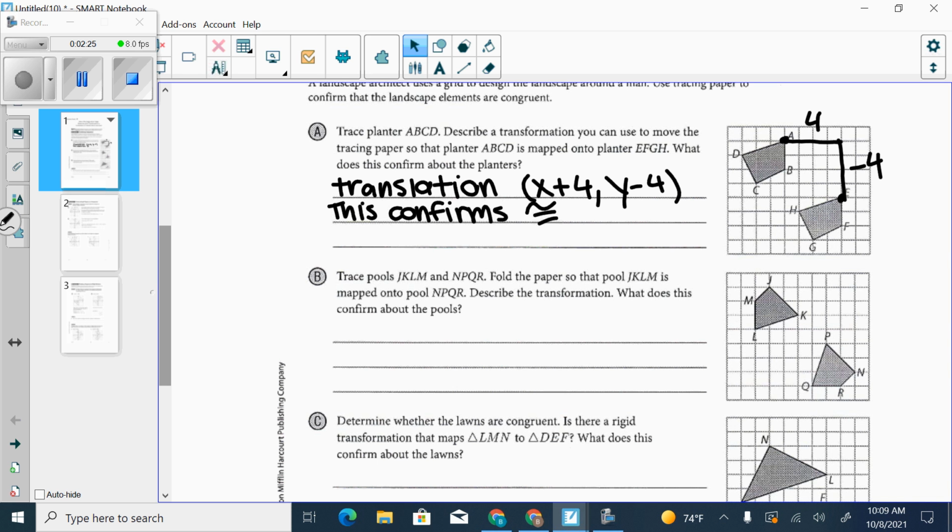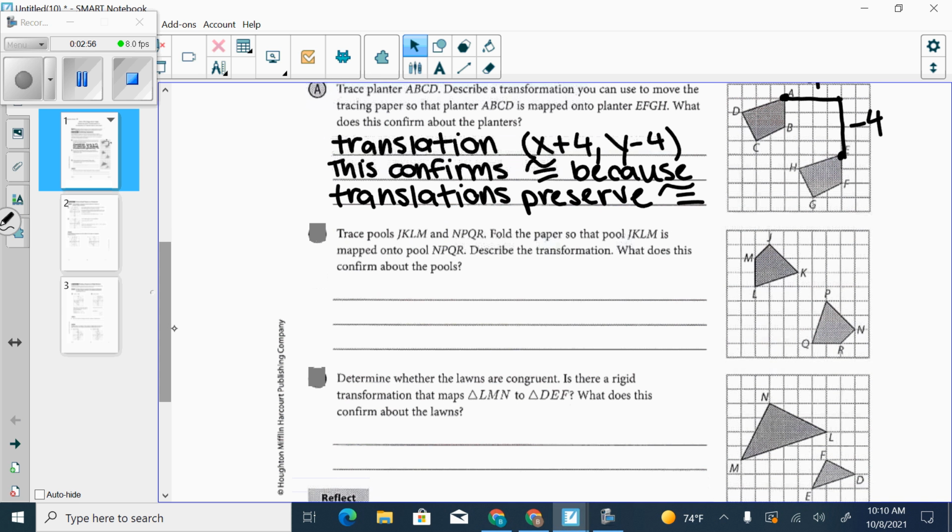Remember, that's our symbol for congruency if you want to use it. Because translations preserve congruence. Okay?